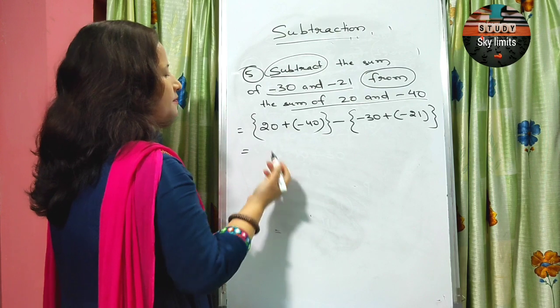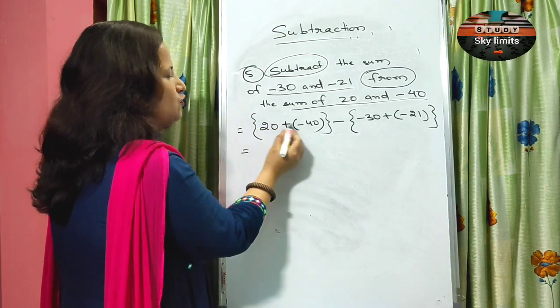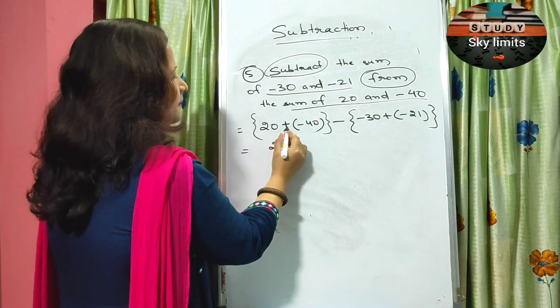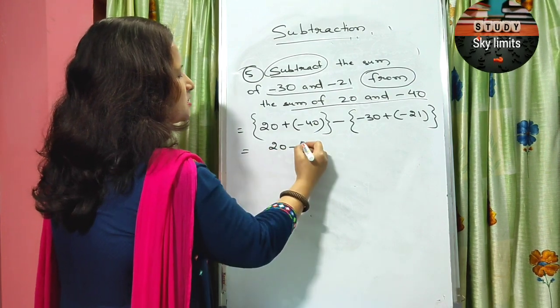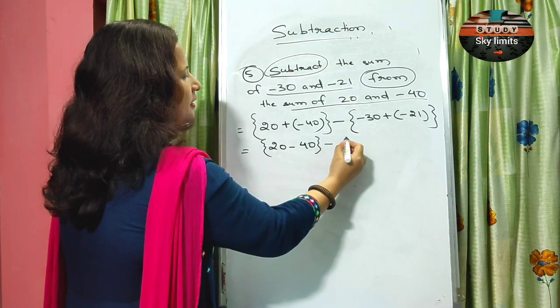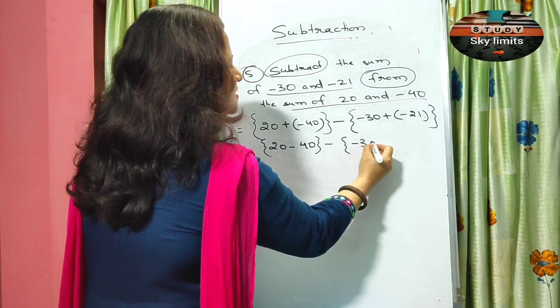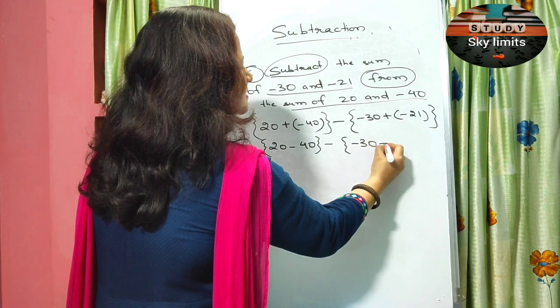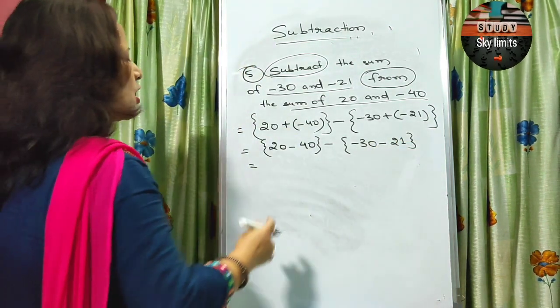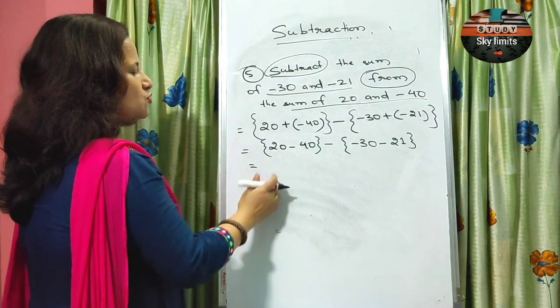Now let's solve this. Open the bracket by using the sign rule again. 20 plus multiplied by minus 40 gives 20 minus 40. And in this case, minus 30 plus multiplied by minus is minus 21. Next, 20 minus 40. Now in this case, you see 20 is positive.